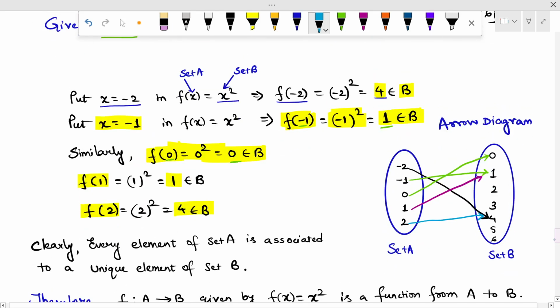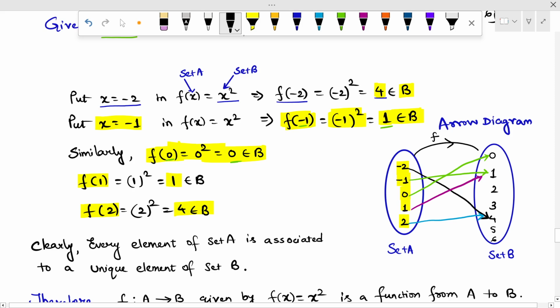Now, as discussed in lecture 2, we can see that every element of set A has an image in set B, right? And each element of set A is associated to a unique element of set B. Hence, by definition of function, we can say that f is a function from A to B, right?